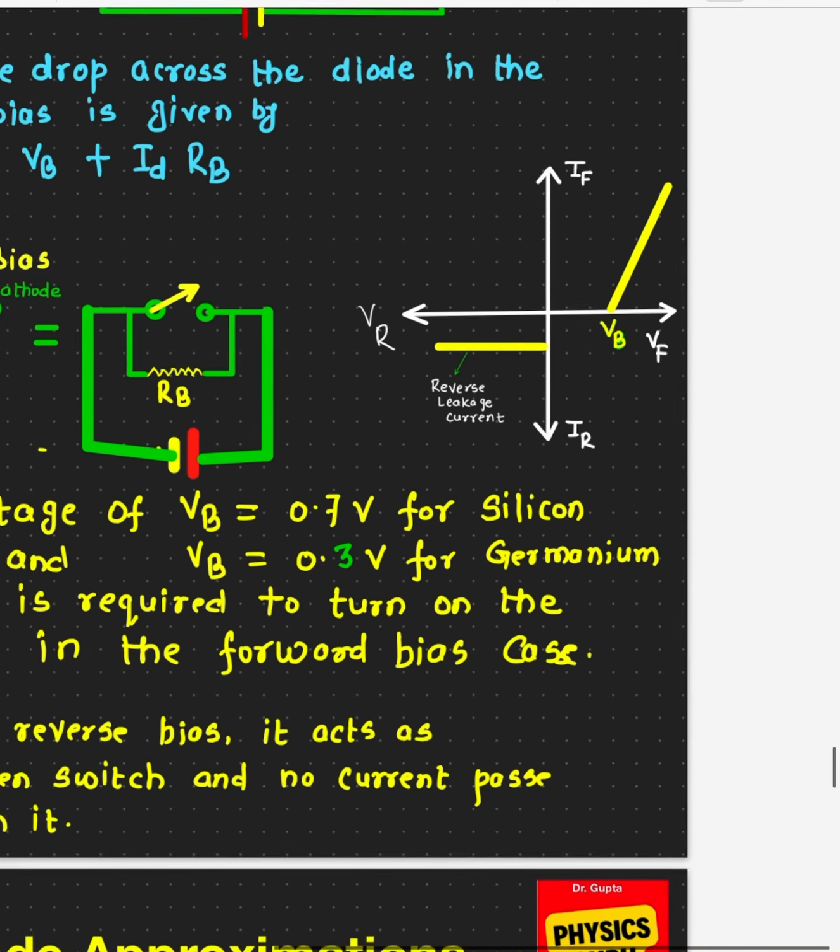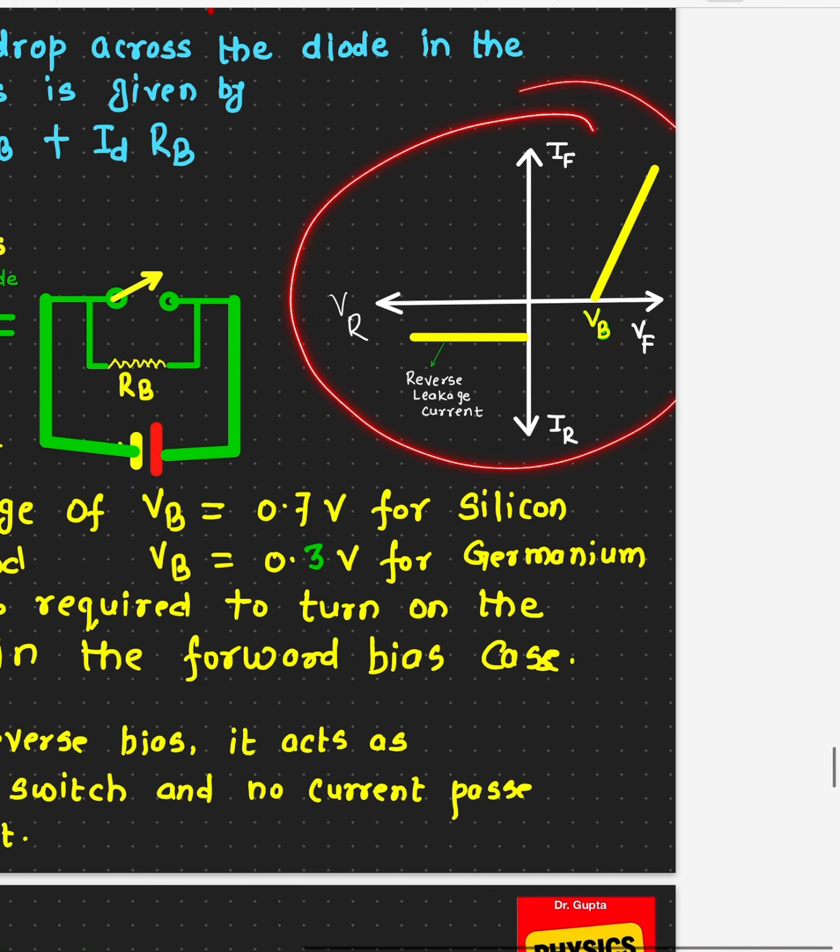And if you look at this graph here, what does this graph tell you? If the supply voltage is less than the bias voltage, there will be no current in the circuit. And if you increase above the bias voltage, the current starts increasing linearly. And when you go in the reverse bias, there will be a small amount of current, and that current we call the reverse leakage current.